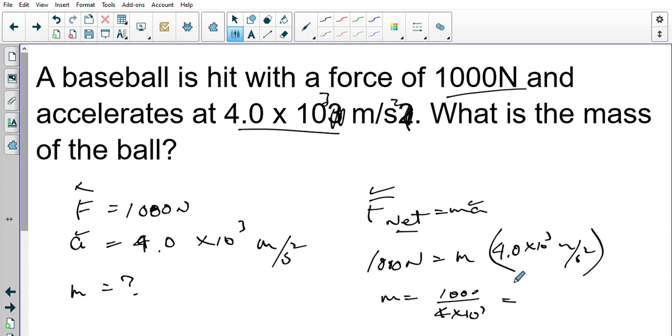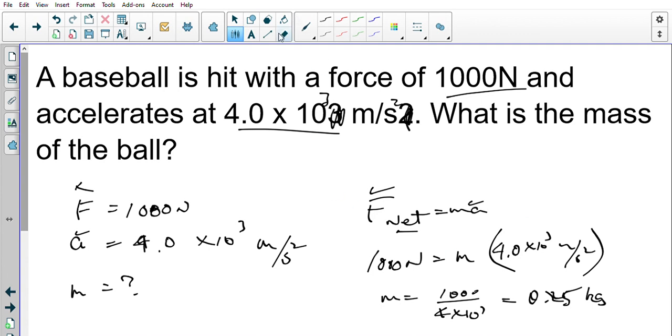I have to pull out my Casio FX-260 Solar for this one. 1,000 divided by 4 times 10 to the third equals, are you ready? That doesn't sound right because I'm getting an answer of 0.25. I think I just did something wrong. Oh, right, because what is the mass? 0.25. I just thought I was calculating acceleration. This is in kilograms, so 0.25 kilograms.